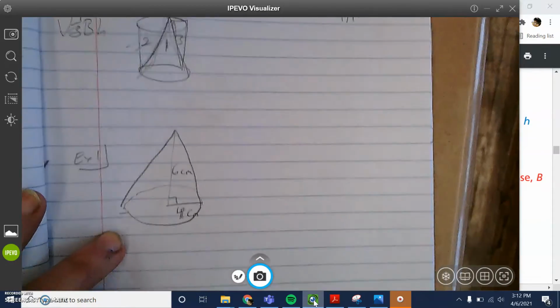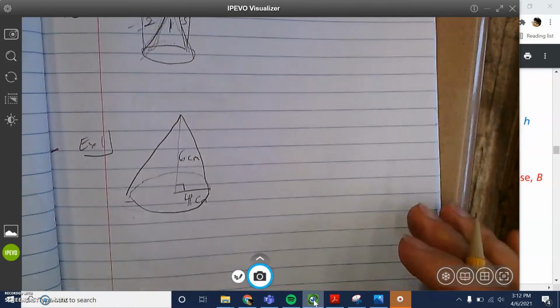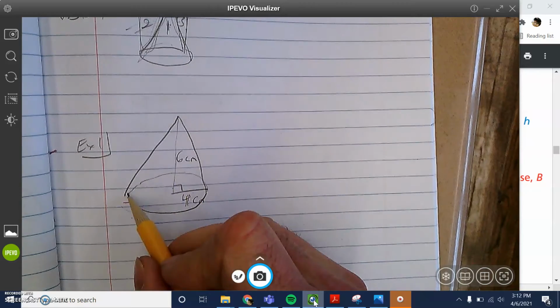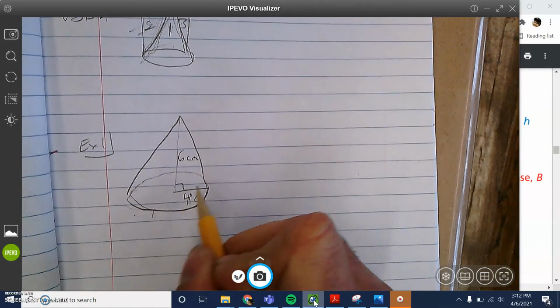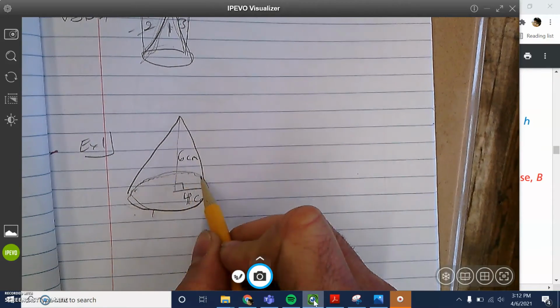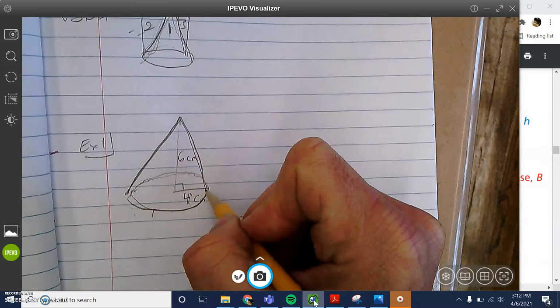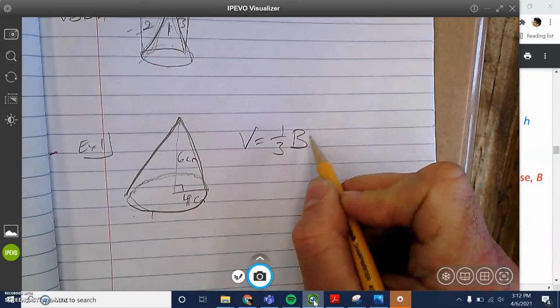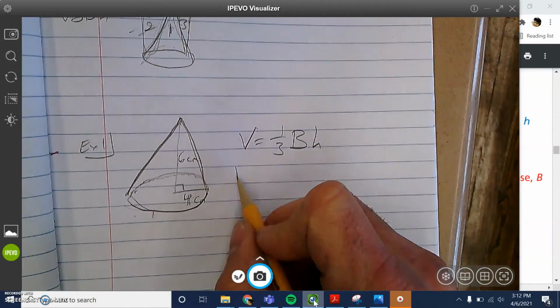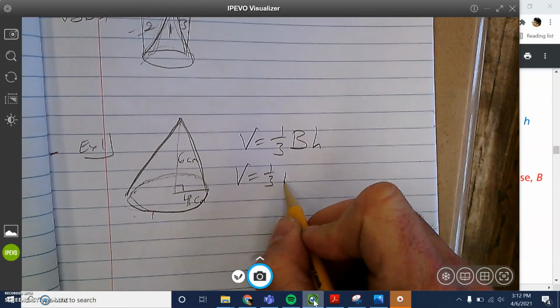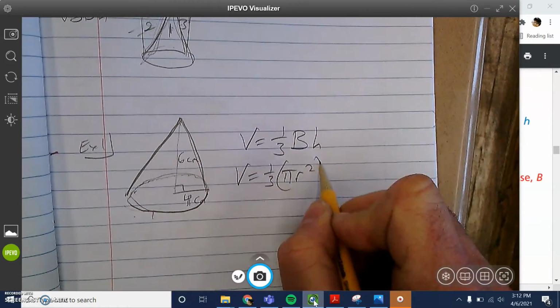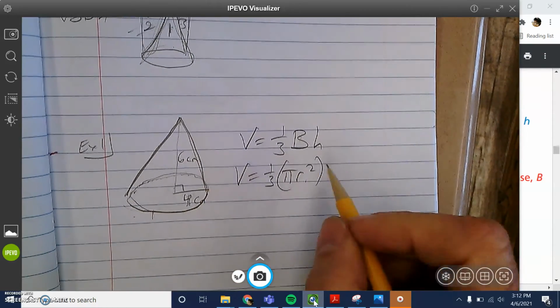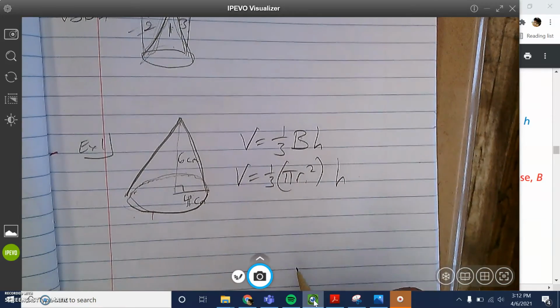So let's practice it and see what it looks like. Let's try example 1. Draw this picture, you just draw a little oval and some dots. Okay, so volume equals 1/3 area of the base times the height. Volume equals 1/3. Area of the base is pi r squared, that is the area of the circle right there, times the height.